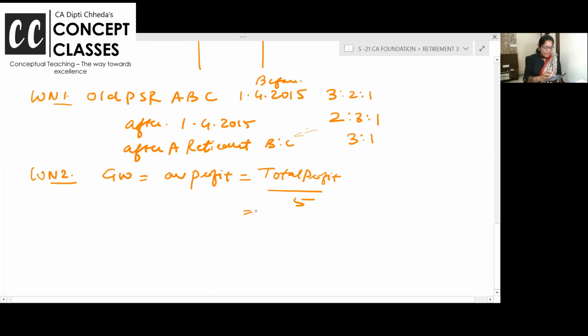Pick up your calculators. 15,000 plus 23,000 plus 25,000 plus 35,000 plus 42,000. 1,40,000 is the total profit. Divide by 5, that is 140 divided by 5, that is 28,000.